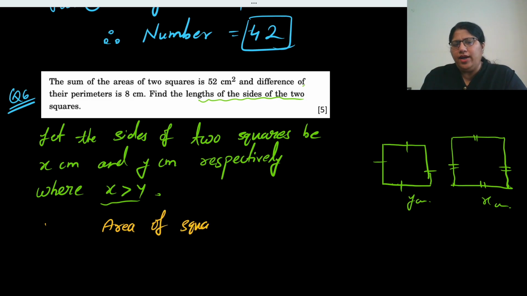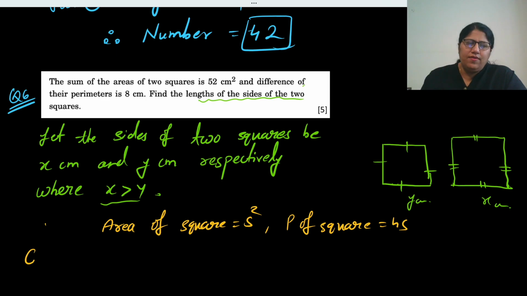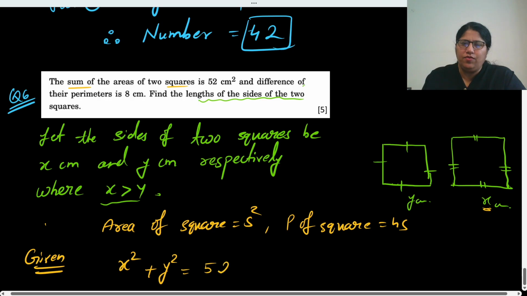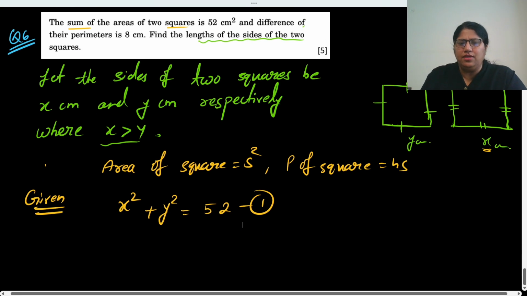Area of a square is equal to s square, and the perimeter of a square you can write down as 4s, right? So what is given here? The area of side x will become x square, because it's written here the sum of areas of two squares, so it will be x square plus y square is equal to 52, which is your first equation. And the difference of their perimeters, right?